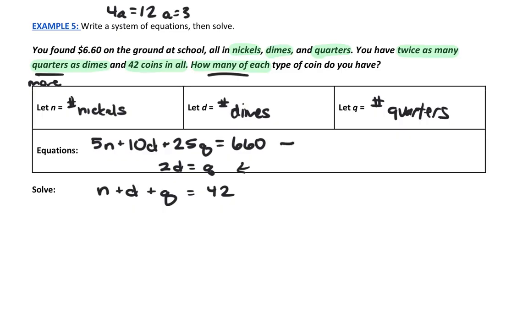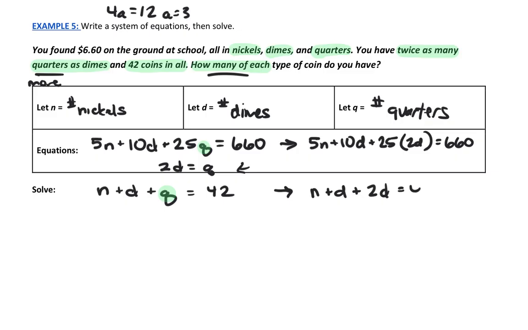So what I'm going to do is I'm going to rewrite this equation and this equation, and I'm going to replace Q. I'll highlight that. I'm going to replace the Q with 2D. And when I do that, I end up with 5n plus 10d plus 25 times 2d is equal to 660. And this one down here, I have nickels plus dimes plus 2d. I'm replacing the Q with 2d is equal to 42.